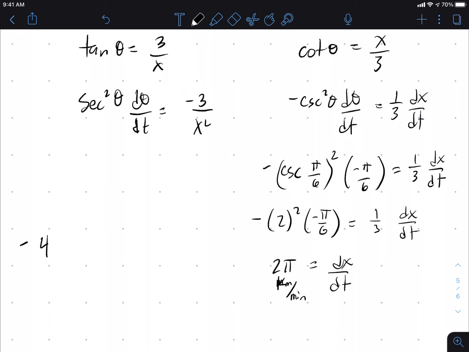Ready? So negative, and then 2 squared is 4, right? Times pi over 6, right? When I get rid of the 1/3 on one side, I need to multiply by 3. Agreed?